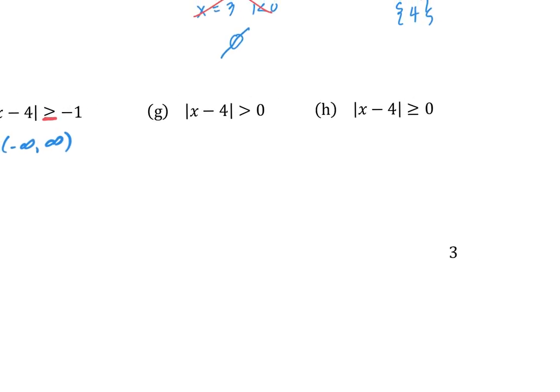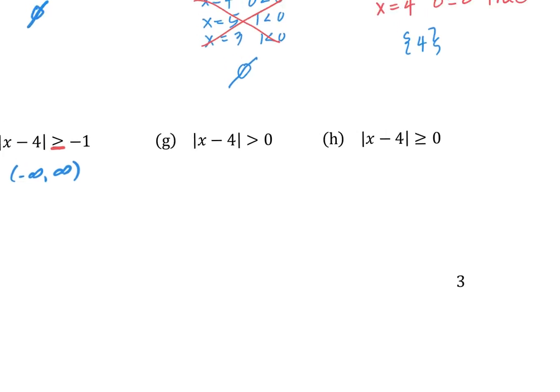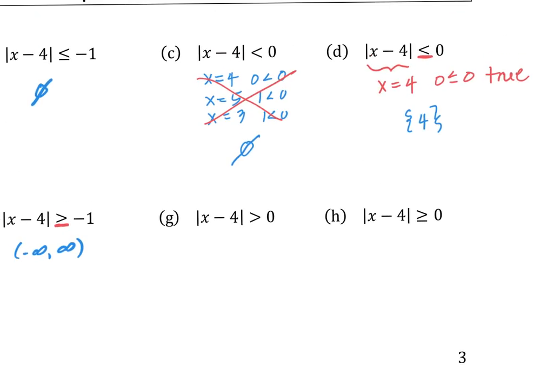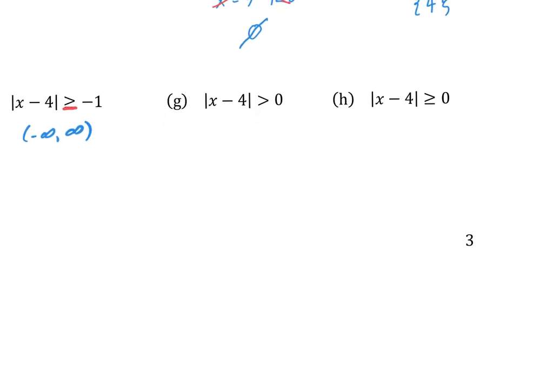So what about 0? Absolute value strictly greater than 0. Well, in the prior inequality, we had no solutions, so it could be all solutions, or it could be one solution. Don't know. Okay, so absolute values are always positive, so they would be greater than 0 or equal to 0. All right, so what if we had, say, x equal to 4?